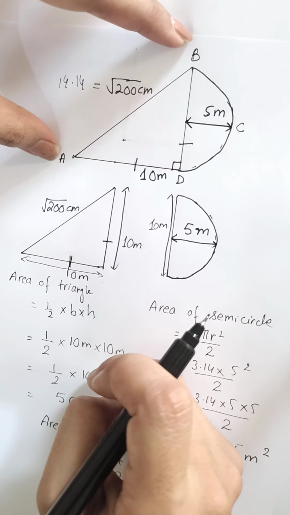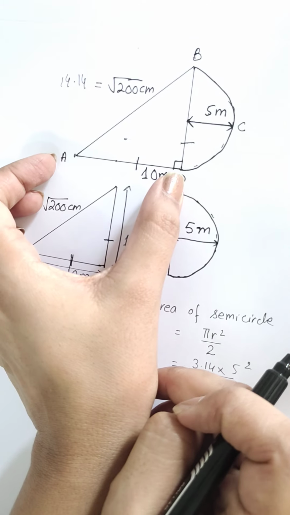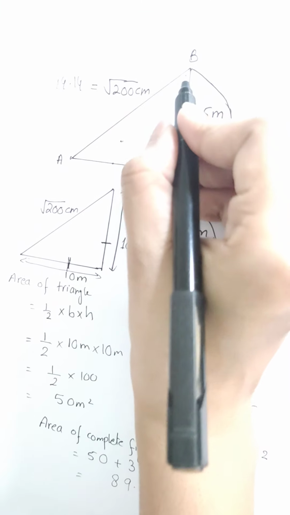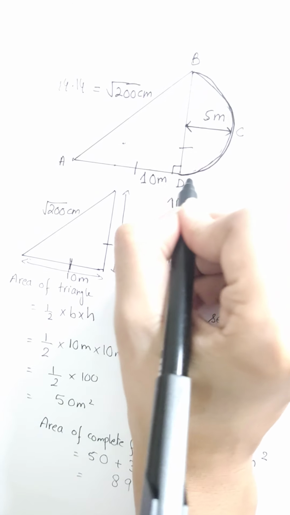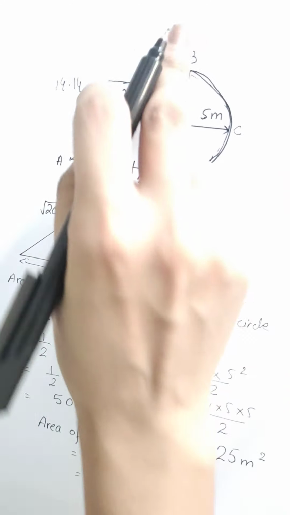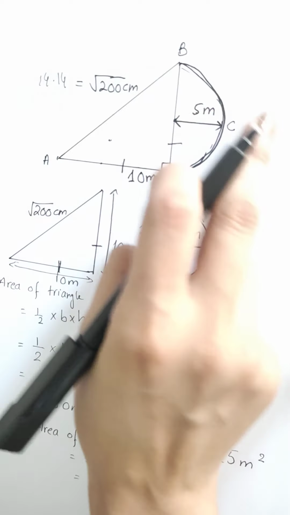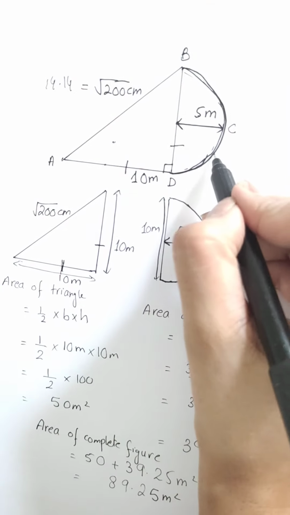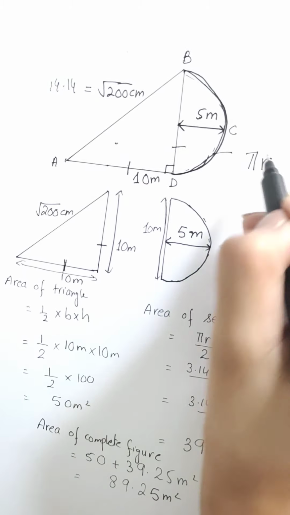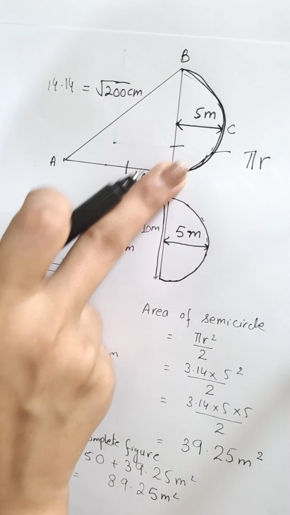From A to B is 14.14, from A to D the length is 10 meter, but I don't know the length of BCD. The length of BCD is missing, but we can find it with the help of the formula pi r, because it is the circumference of the semicircle.